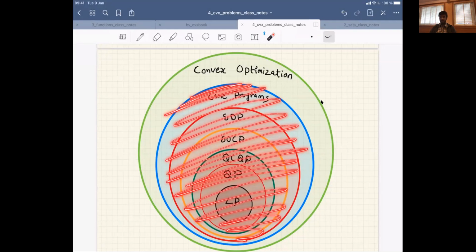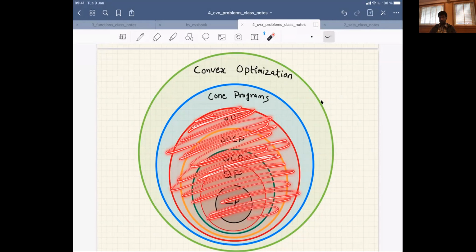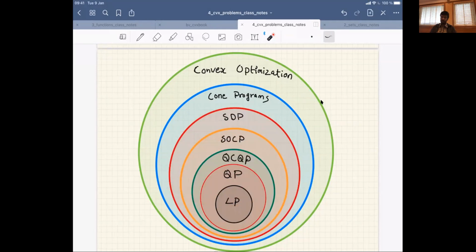So in this course, what we were focusing on was cone programs. Whatever we discussed so far fits under cone programs, specifically under this category, SDP. This is what we discussed in the last 7 or 10 days. Of course, a cone program is a special class of generalized inequality program, where we were just using affine functions in the inequality. I don't want to put that. This is a beautiful way of representing this.